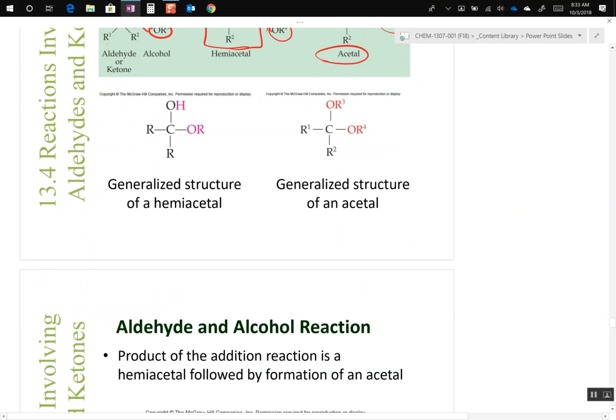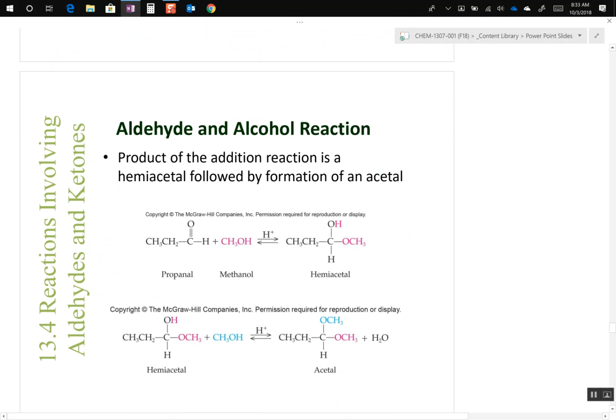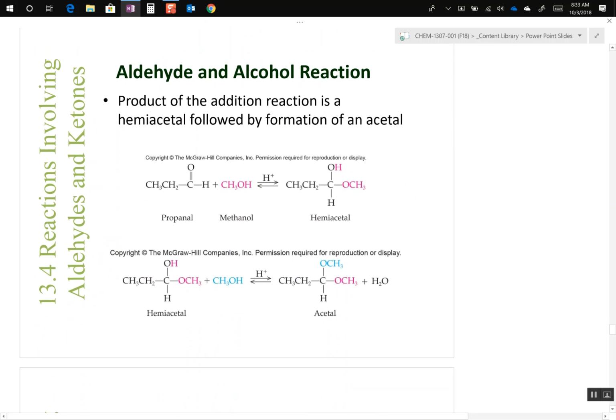So let's go ahead and look at a reaction here where we take this aldehyde, and we react it with methanol. So what is the OR group that's going to get added? CH3O, right?